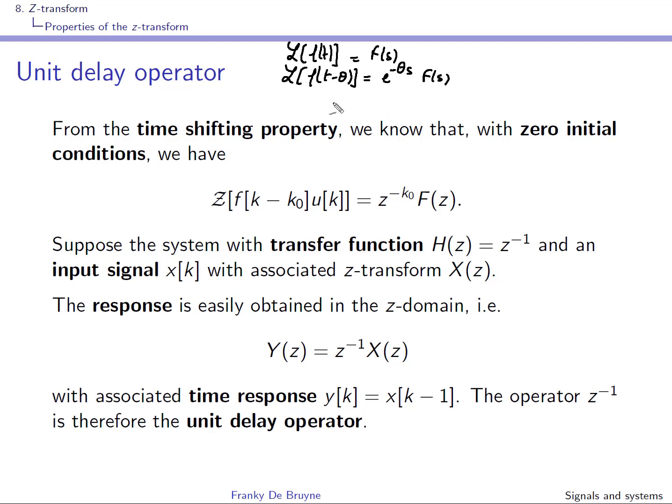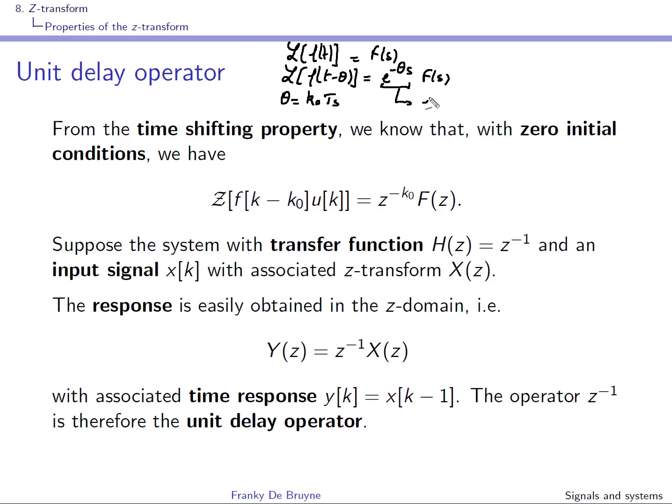Let us now assume that we sample the signal with a period Ts and that theta is k0 times Ts. Then we can have a look at this quantity over here.